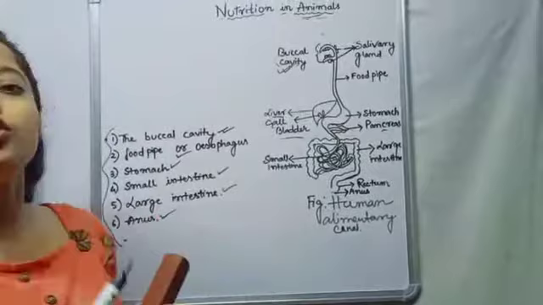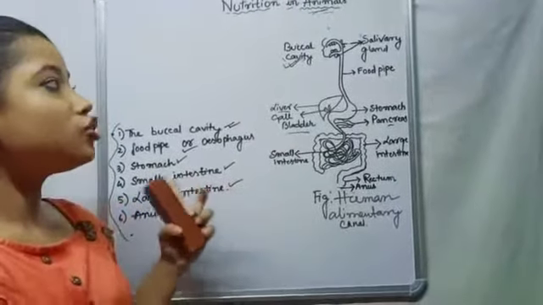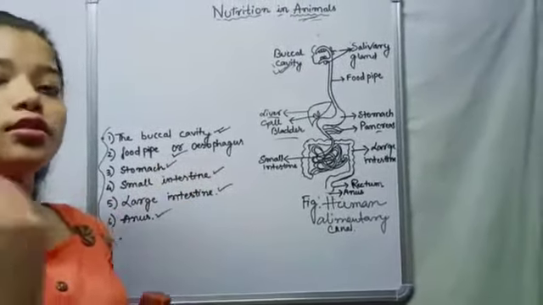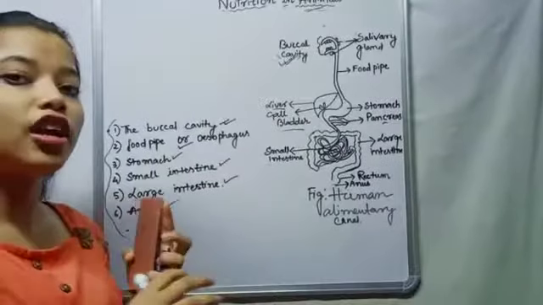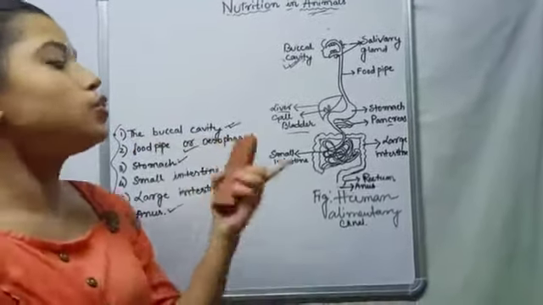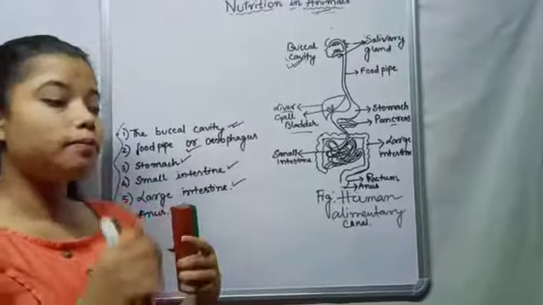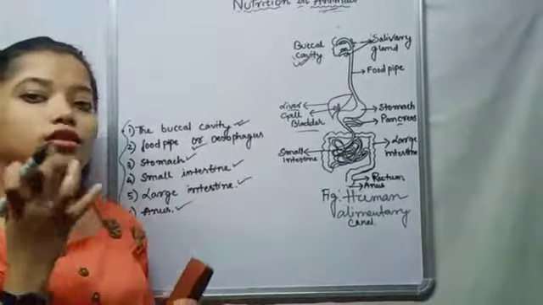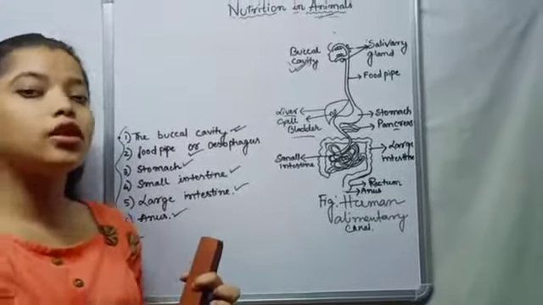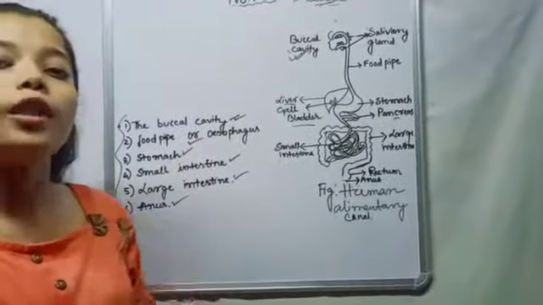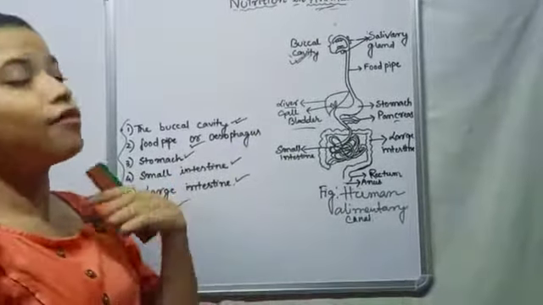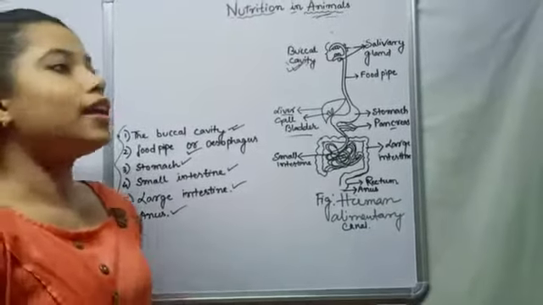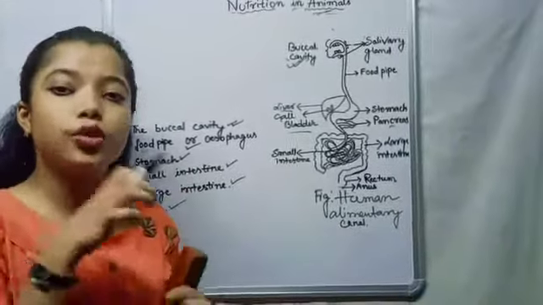We have 32 teeth, and each pair of teeth functions differently in crushing the food. Once we take in our food, the food particles are crushed into smaller pieces so that they are easily swallowed by us.